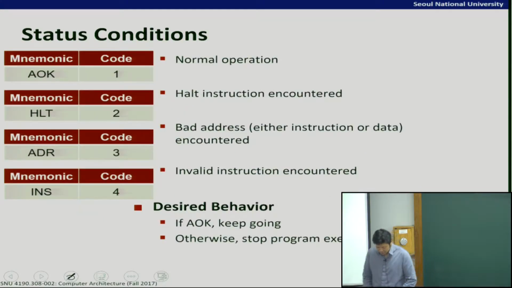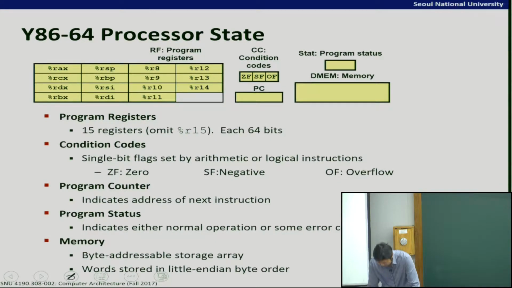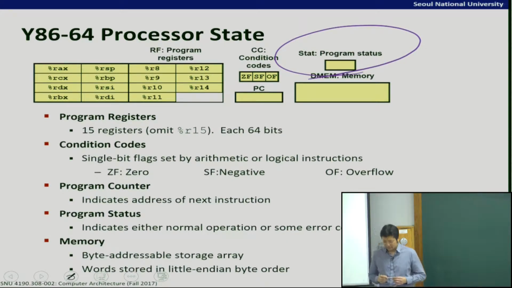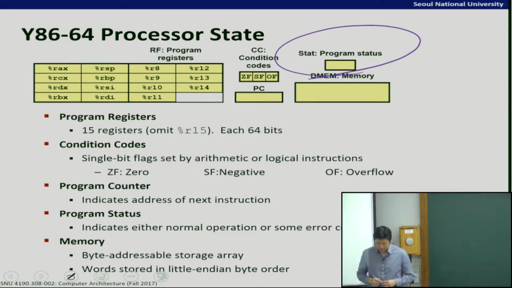And status conditions, if you remember, we actually had this one, stat. What is that? We didn't really talk much about this. This is called a program status register. So it's like a global register showing what's the status of your system.